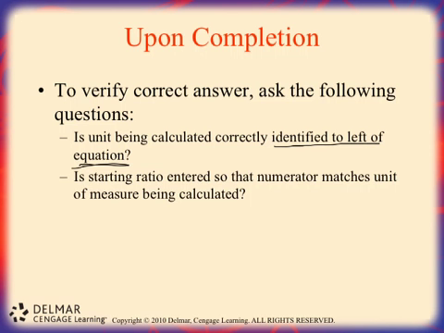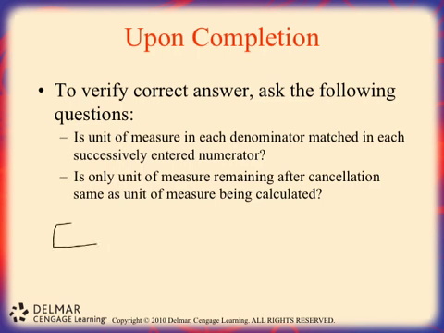If you're looking for how many milliliters you're going to draw up or how many tablets you're going to give, that's what you start with on this side of the equal sign. Is the starting ratio entered so that the numerator here matches the unit of measure being calculated? So we know that the numerator must match the unit of measure being calculated.